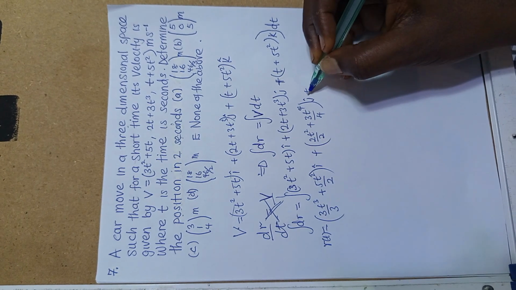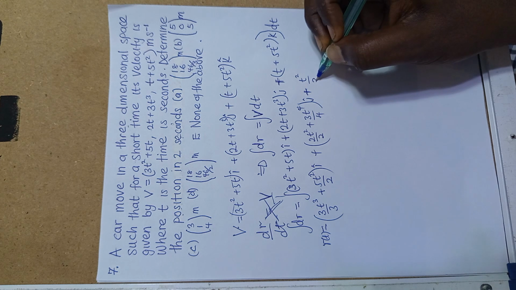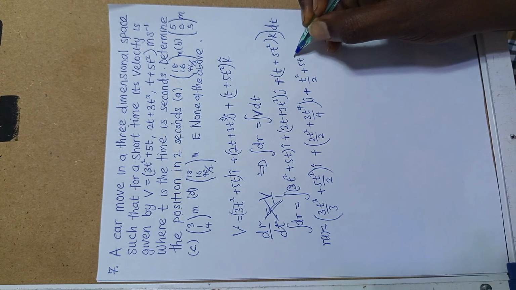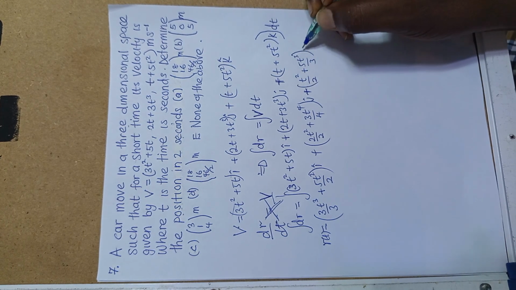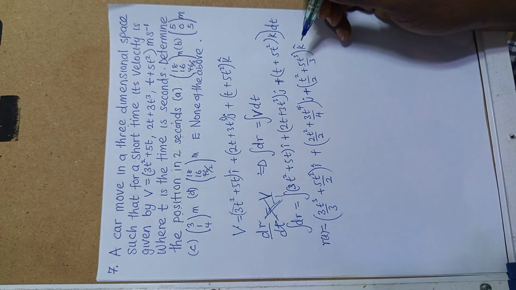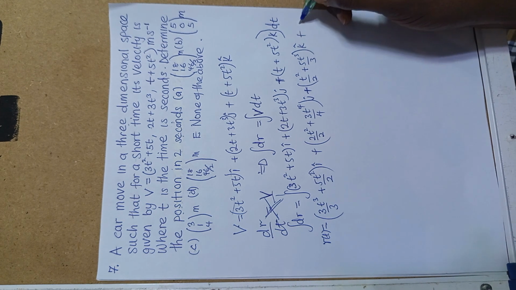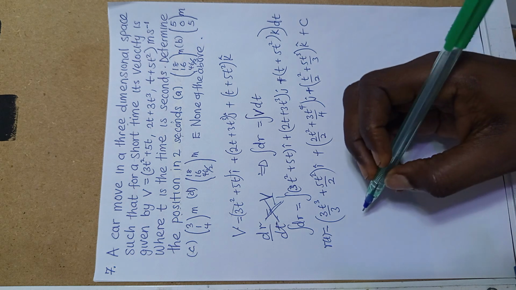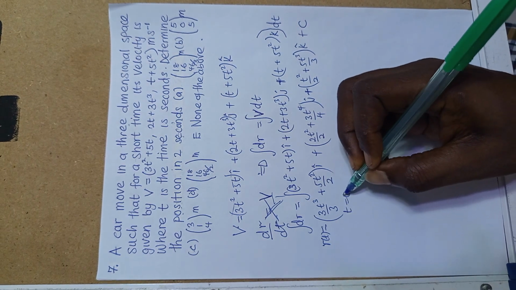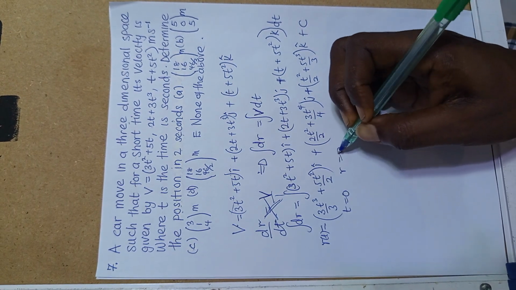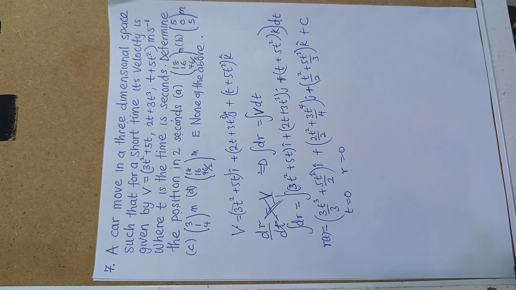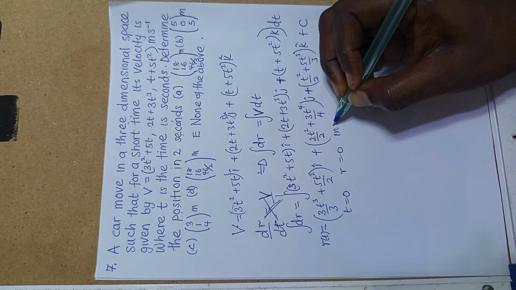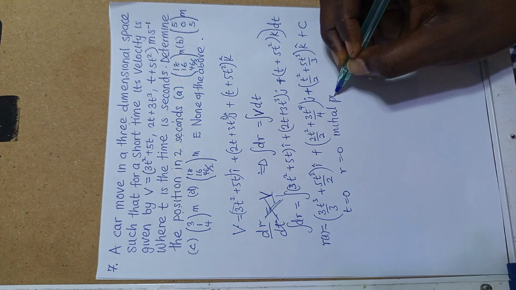If you integrate the other, we have t squared over 2 plus 5t cubed over 3, that is k, plus c. Now when t is equal to 0, r will be equal to 0. That is the initial position.